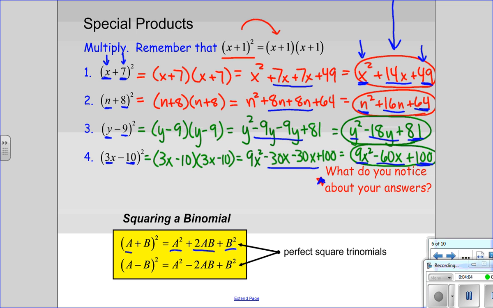And this is also true when you're squaring a binomial that is a difference as well. So let's see if we can use this special product pattern to multiply a binomial squared. And what we get each time is what we call a perfect square trinomial. It's a trinomial that's the perfect square of the binomial that we just squared.